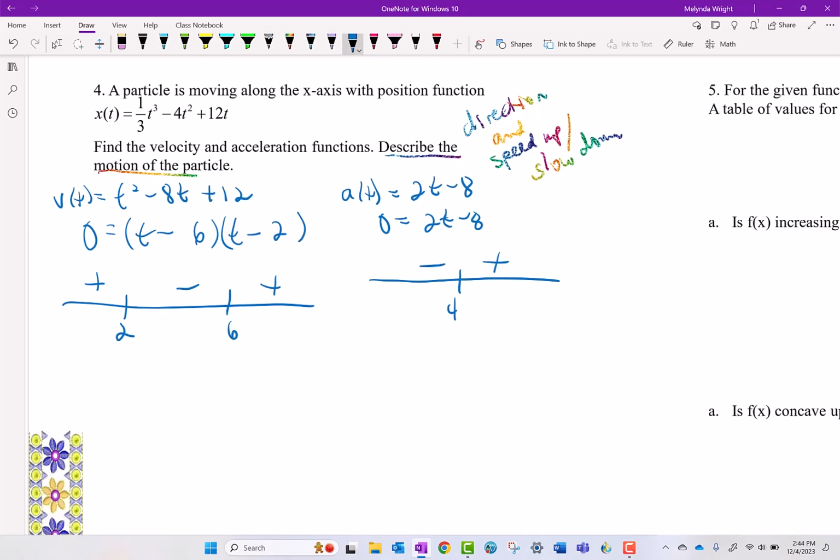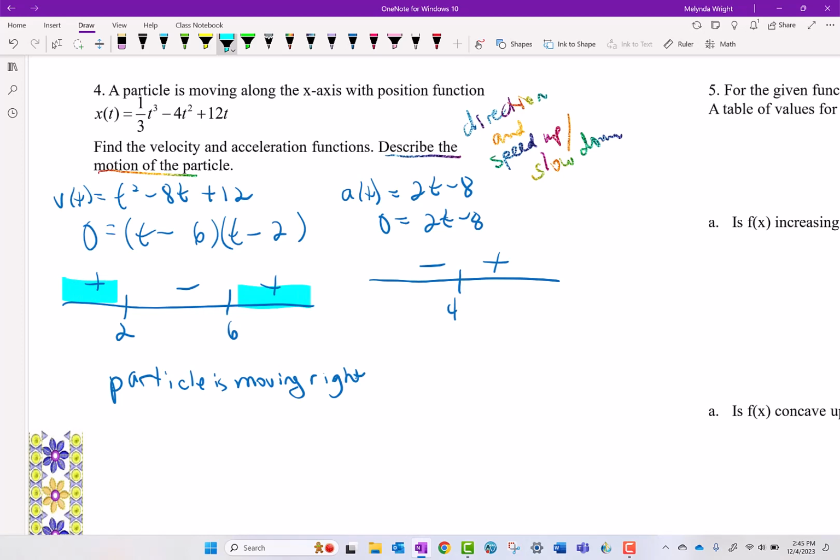This velocity sign chart indicates direction. So we're going to say the particle is moving right. That's when these are positive right here.